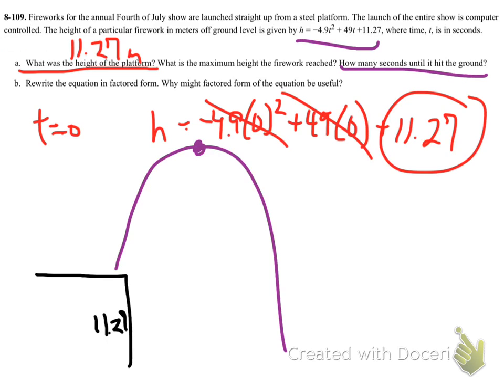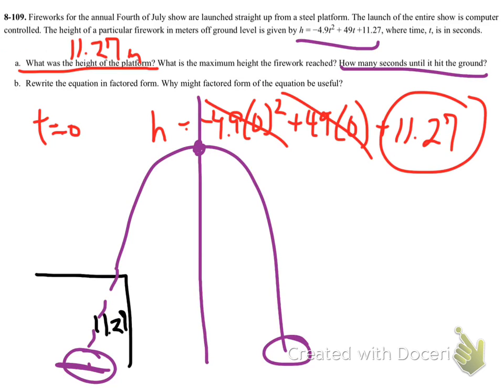I also need to figure out how many seconds till it hits the ground, so I could solve that with the quadratic formula, and that would give me the answer over here, and it would also give me another answer over here, which is negative time, because it would be just where the parabola is intersecting the x-axis. But that would also help me establish my line of symmetry as well. So I'm going to go through and do the quadratic formula for this problem.